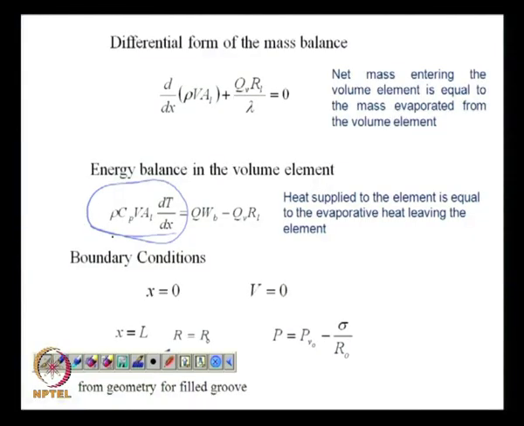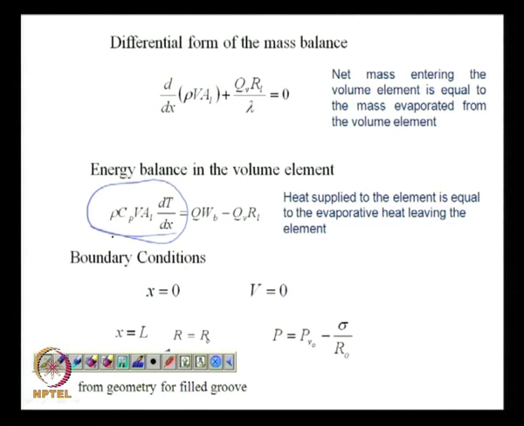So the sensible heat content of the fluid packet will also change. So there should be a term which would account for the sensible heat gain by the moving packet of fluid while it's experiencing evaporation. So it's experiencing evaporation, at the same time sensible heat change. So this term denotes the sensible heat change of the fluid packet.